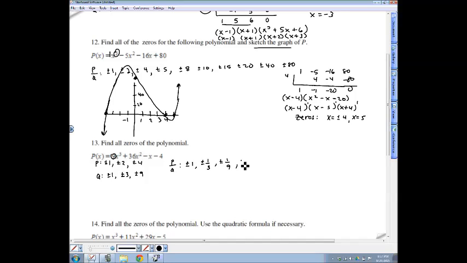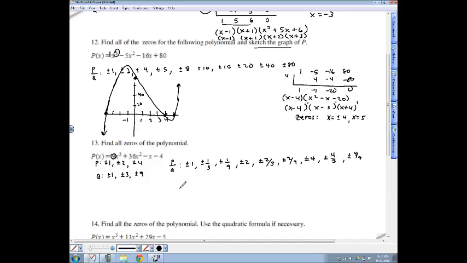Now move over to 2, 2 over 1 is 2, 2 over 3 is 2/3, and 2 over 9 is 2/9. Then move over to 4, 4 over 1 is 4, 4 over 3 is 4/3, and 4 over 9 is 4/9.